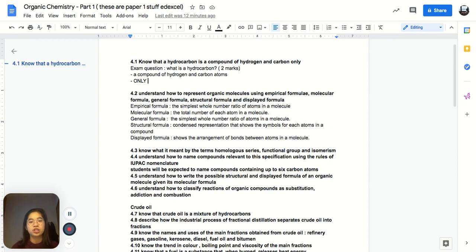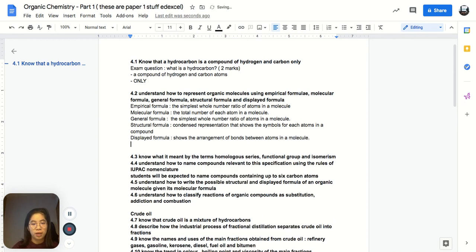An exam question would be, show the display formula for butane. It could vary from 2 to 3 marks, but it won't be more than 3, because it's a pretty straightforward question.